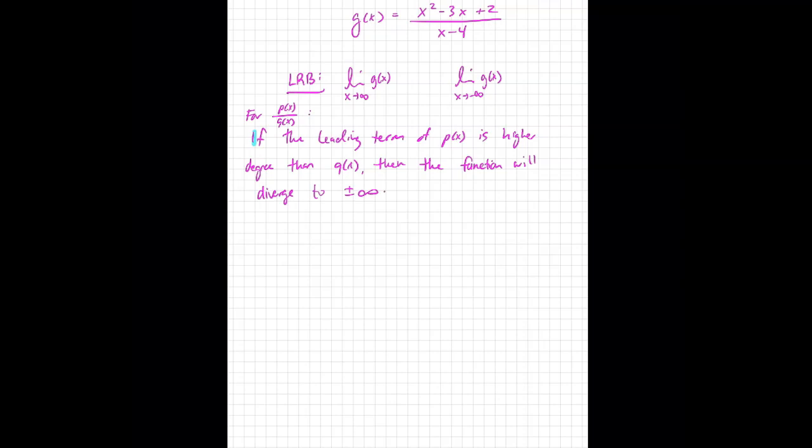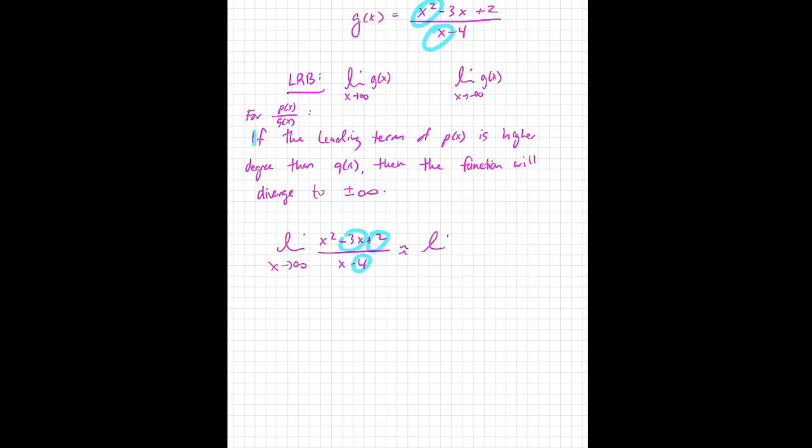Okay, so what that means is we look here and we see leading term, we see the degree of the top is 2, the degree of the bottom is 1. And so we see that the limit as x goes to infinity of x squared minus 3x plus 2 over x minus 4, as x gets really, really large, we notice that the minus 4, the plus 2, and even this term up top don't really contribute anything to the change.